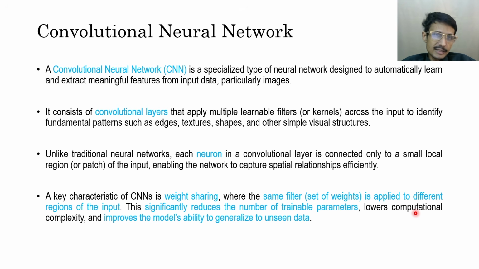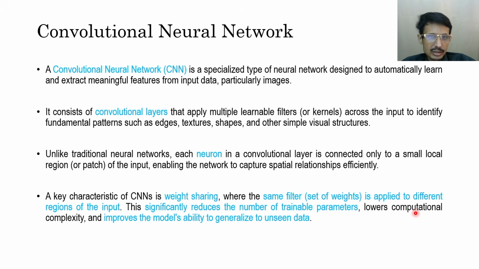So coming to the CNN to be specific, it consists of convolutional layers which apply multiple learnable filters or kernels across the input to identify fundamental patterns such as edges, textures, shapes, and other simple physical structures.